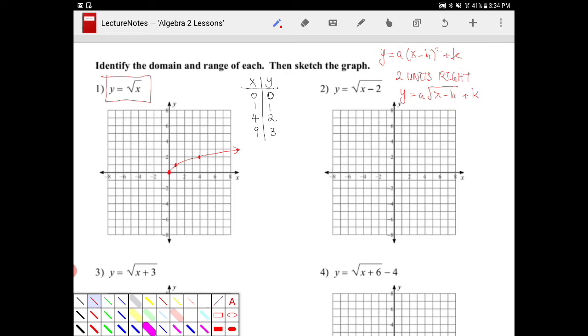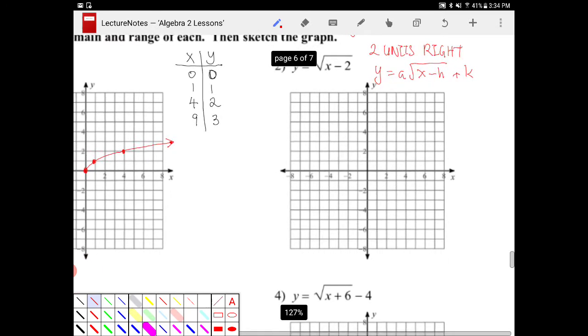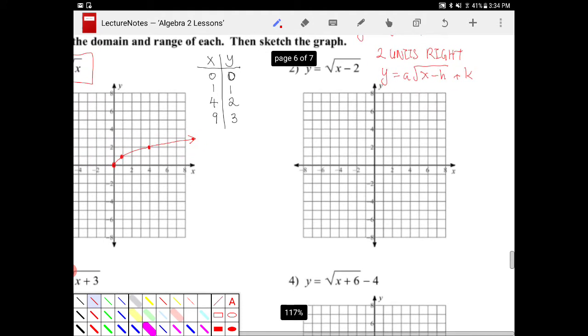So how is that going to look? Well, if I'm subtracting 2 from x, that means h is positive 2. That means all the points that were graphed in problem 1 are all going to be moved 2 units to the right. So it's going to look like this.